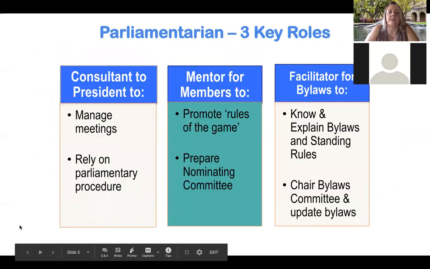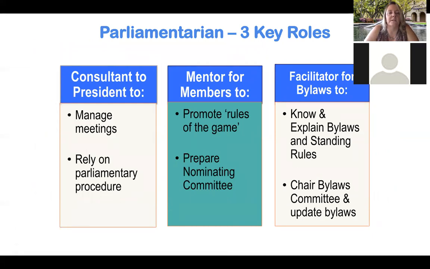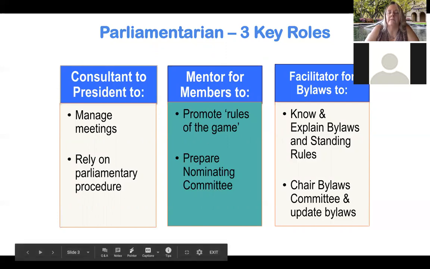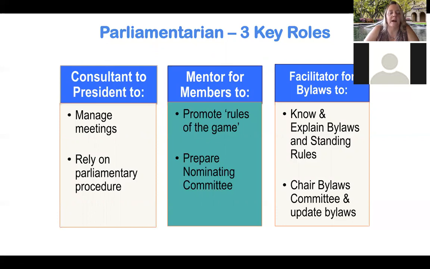The parliamentarian's 3 key roles. First of all, parliamentarian is a consultant to the president. They manage meetings, and they rely on parliamentary procedure. So you are their sidekick at meetings. If there are problems in a meeting, if you see rules aren't being followed, you ask for a sidebar and you explain to the president that something is out of order.